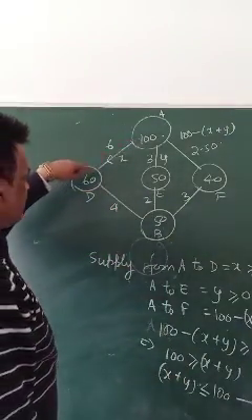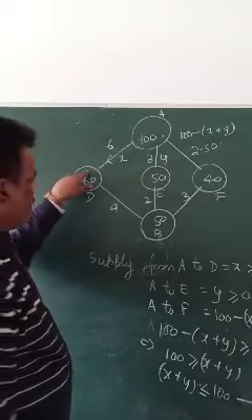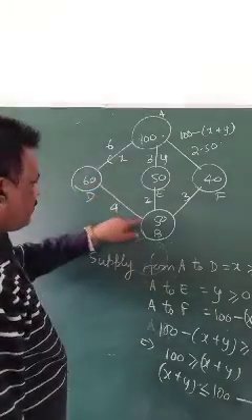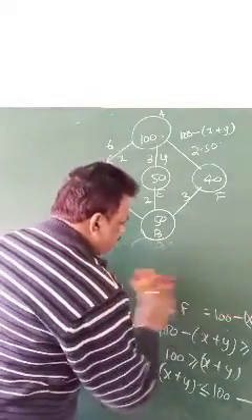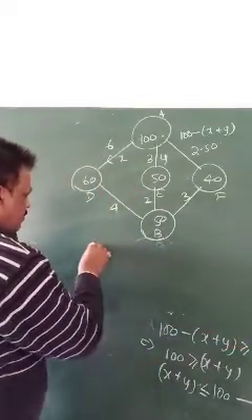Back to this. If x quintal is given here, requirement is 60, so supply from B to D will be how much?